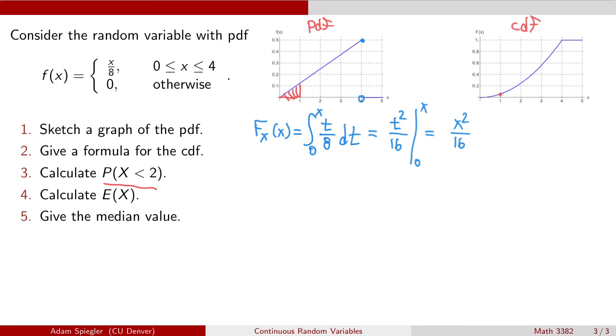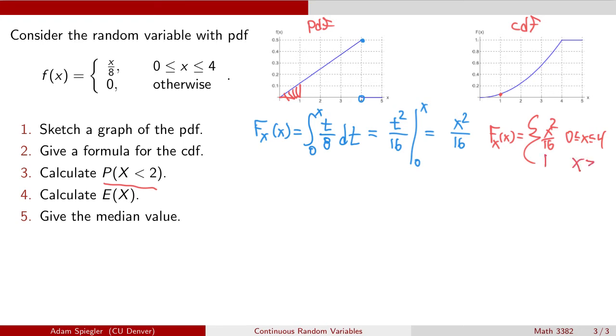So if we wanted to express the CDF in terms of a formula, we should just specify that it is equal to x squared over 16 as long as x is between 0 and 4. And when x is bigger than 4, so when we're on this piece of the function, now we've reached the maximum value. So the cumulative distribution function is going to equal 1.